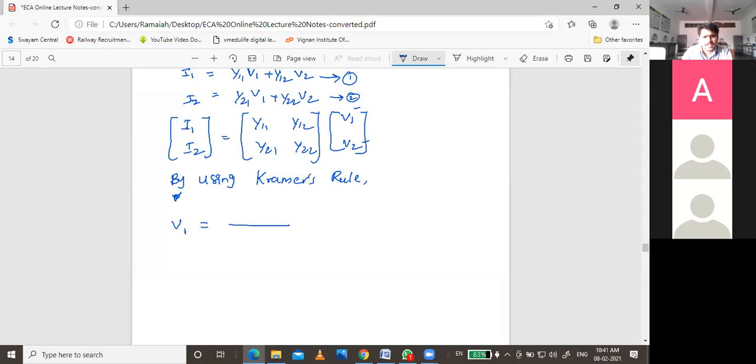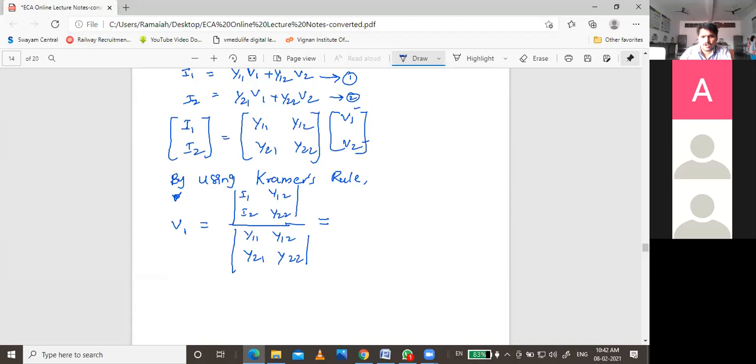First you replace the first column, Y11, Y21, with I1, I2, and the second column is the same, Y12, Y22. Divide by the determinant of the matrix Y11, Y12, Y21, Y22. Now this is the Cramer's rule.